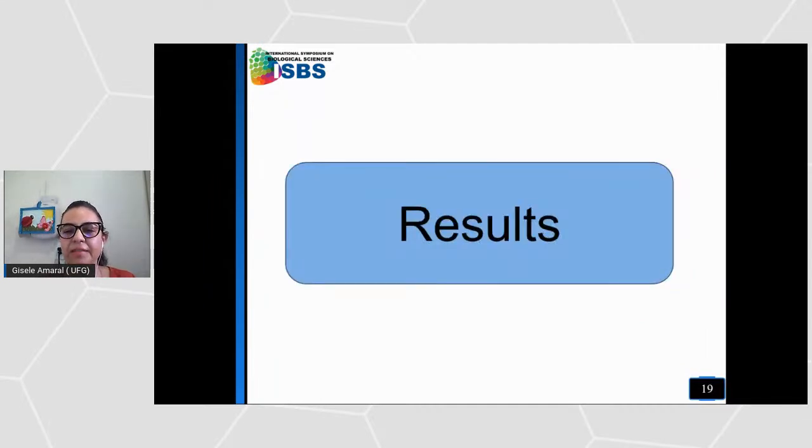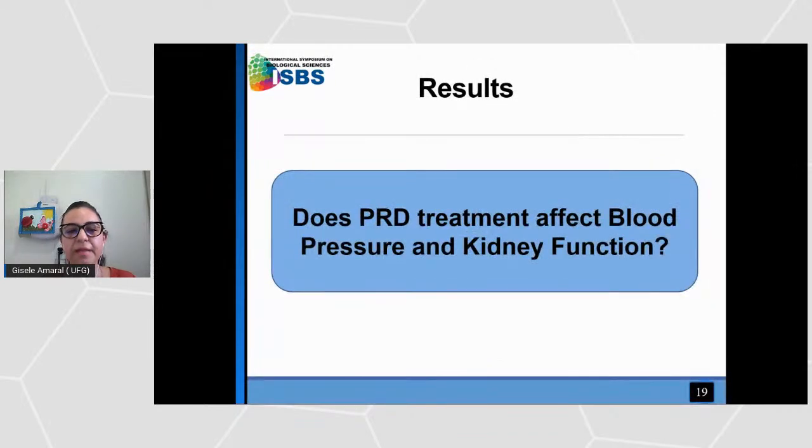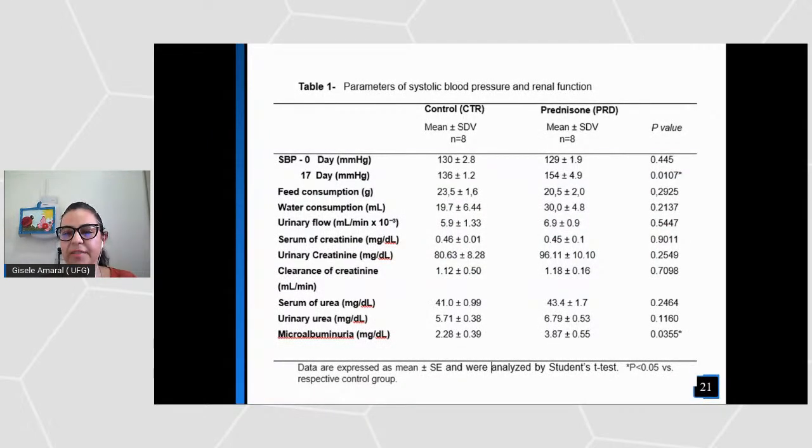So, the first question was, does prednisone treatment affect blood pressure and kidney function? As you can see, the table shows that there was an increase in systolic blood pressure in the comparison between groups on days 0 and 17. In relation to the parameters of feed and water consumption, there was no difference between the groups, as well as the urinary flow and serum or urinary creatinine and urea dosage.